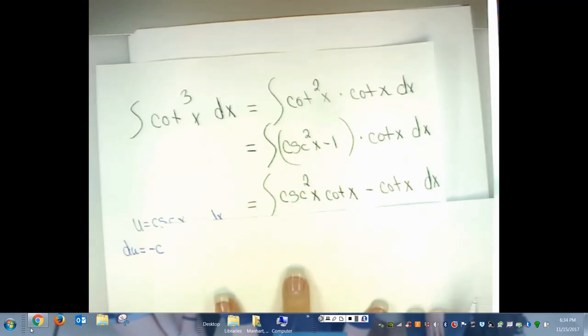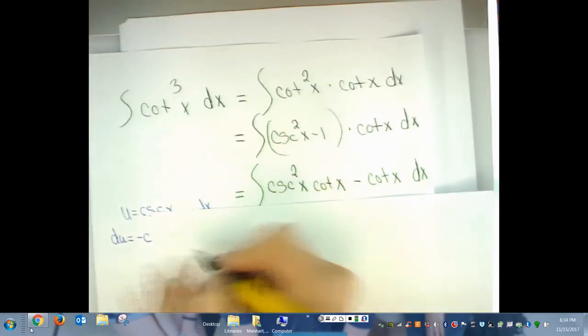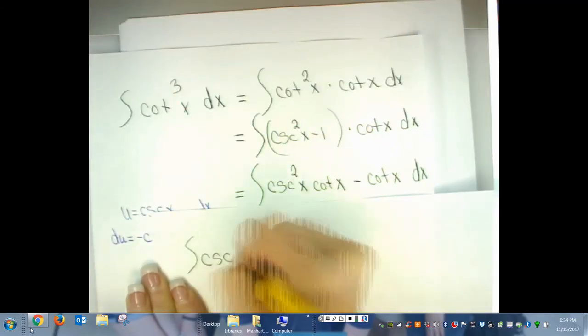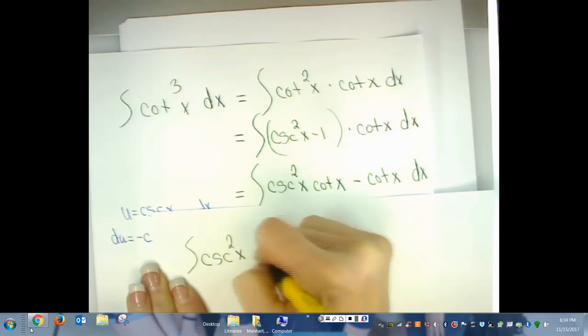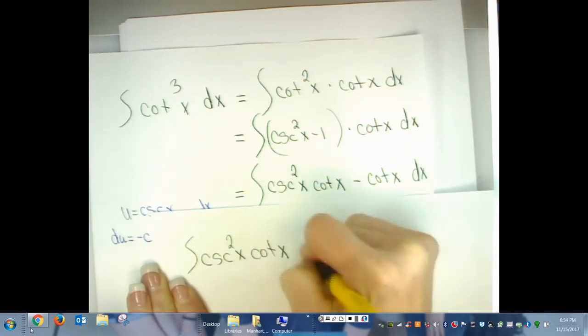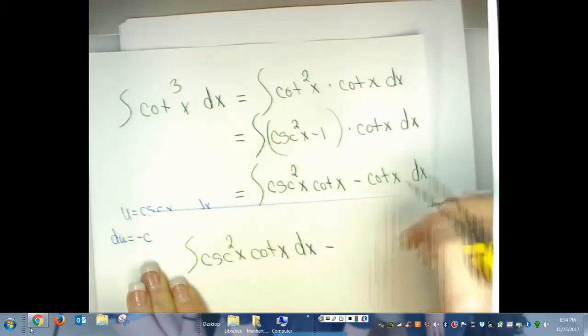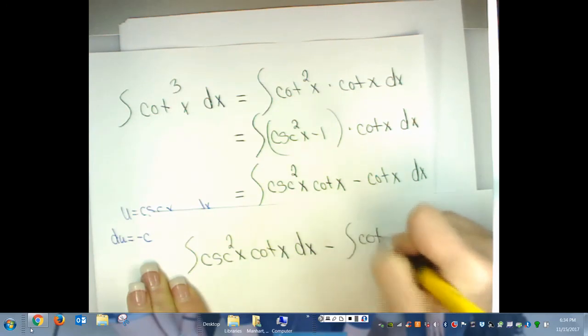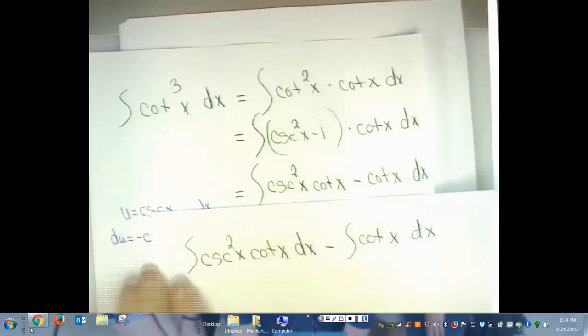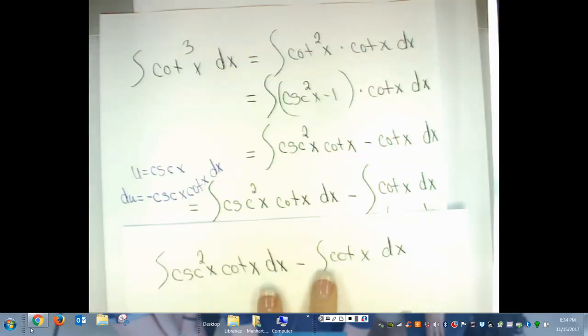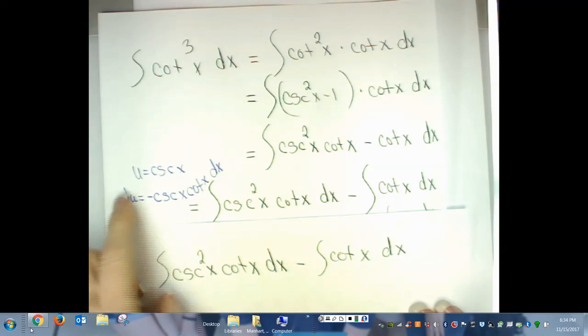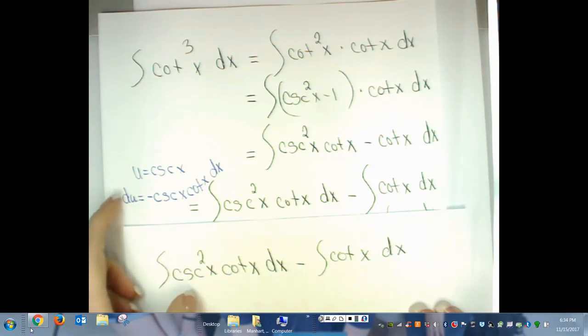So I have cosecant squared x cotangent x minus the antiderivative of cotangent x dx. So I guess you would say I'm here. Instead of letting u be cosecant x, we could try letting u be cotangent x.